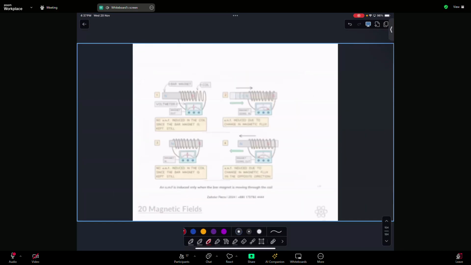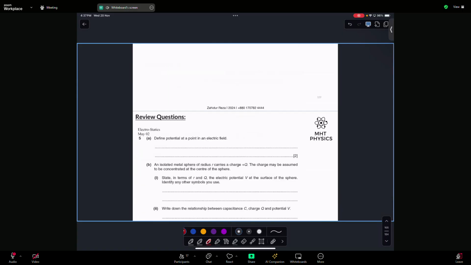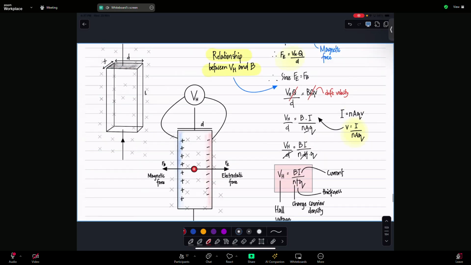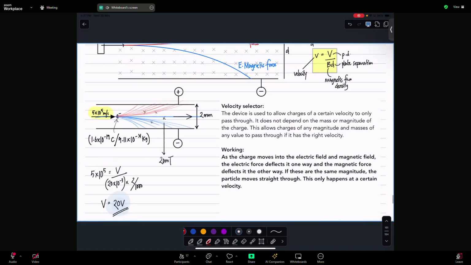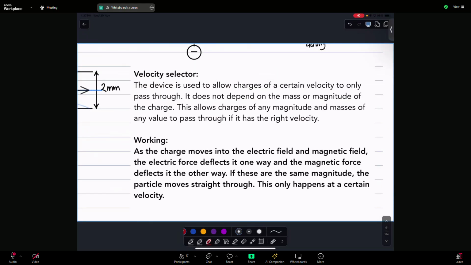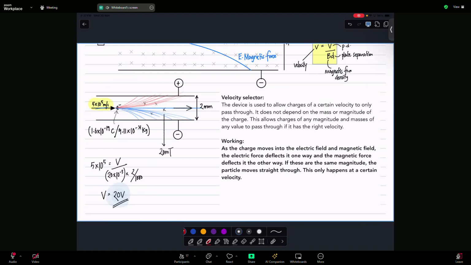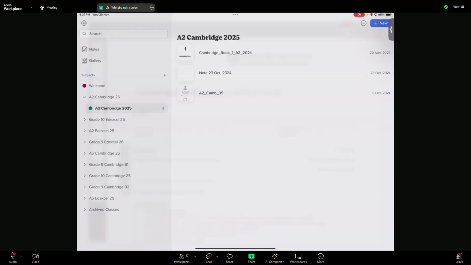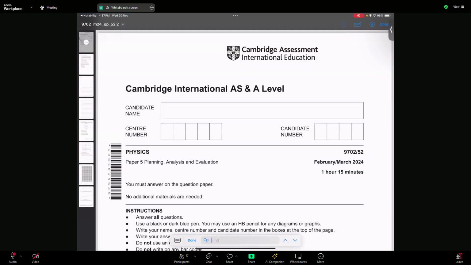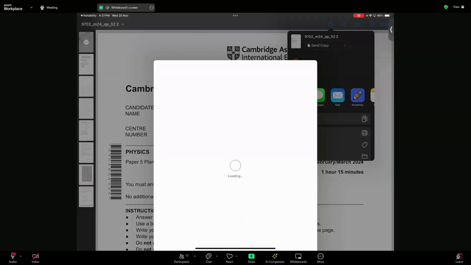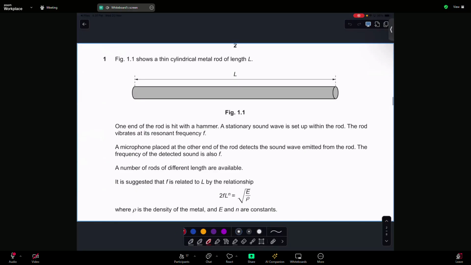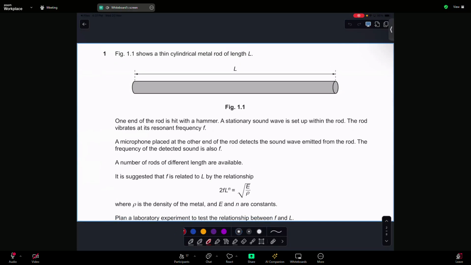Velocity selector. It's in the Google Classroom. Okay, I'll give you 5 minutes, then we're gonna start this paper.